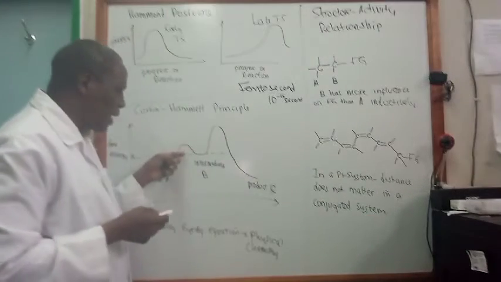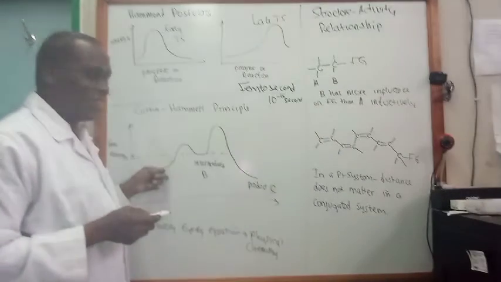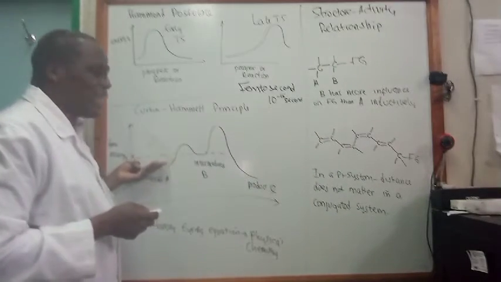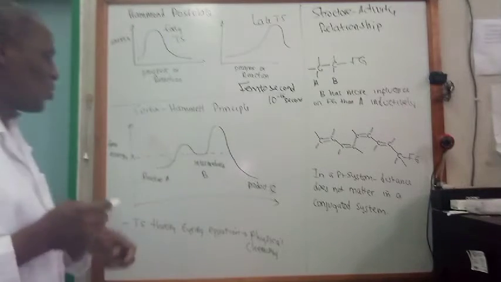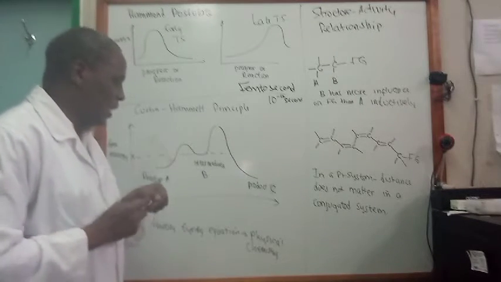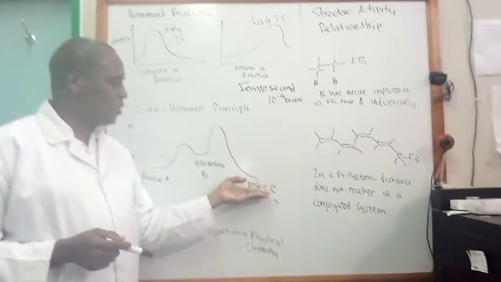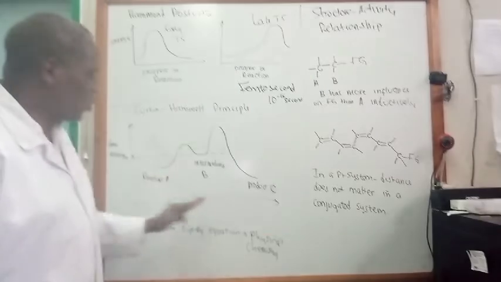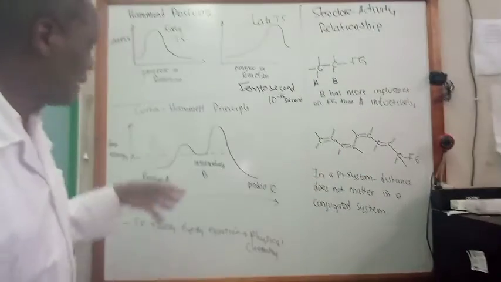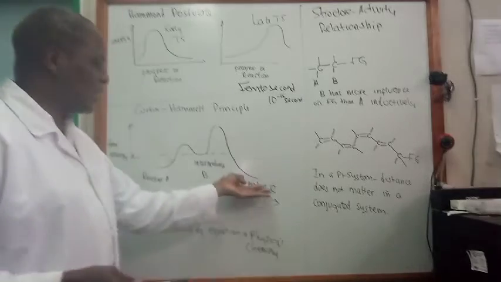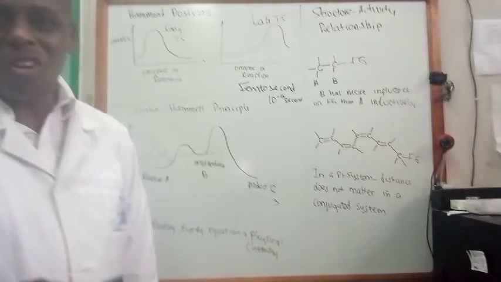And then there is a smaller hill here, which is giving the reactant A, which is thermodynamically less stable. So naturally thinking would say, hey, this is thermodynamically more stable, and therefore if B is allowed to react or to equilibrate, then what I'm going to get is a lot of C and almost nothing of A.